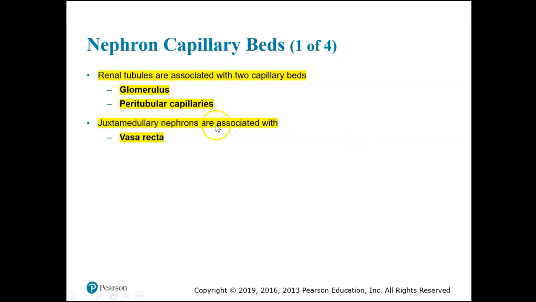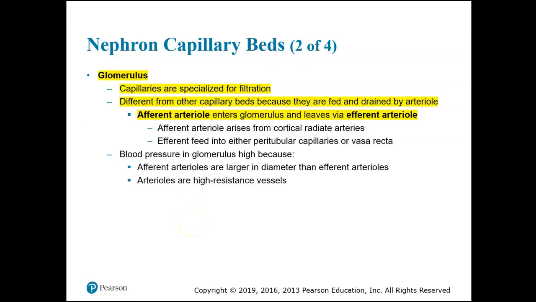There are two capillary beds associated with each nephron: the glomerulus, of course, which is part of the renal corpuscle where filtration occurs, and the peritubular capillaries, which are just capillaries associated with the renal tubule. And then the juxtamedullary nephrons have blood capillaries called vasa recta that travel parallel to the nephron loop.